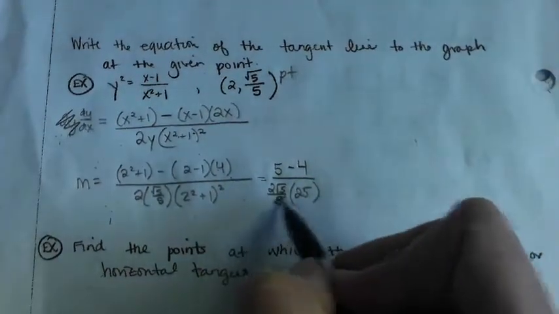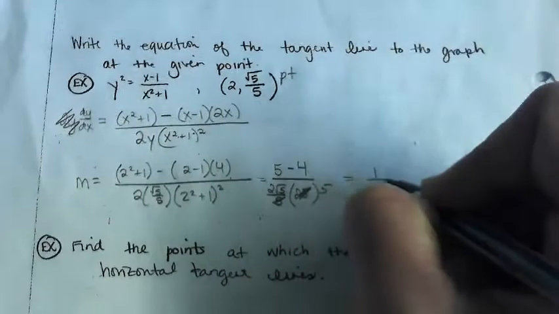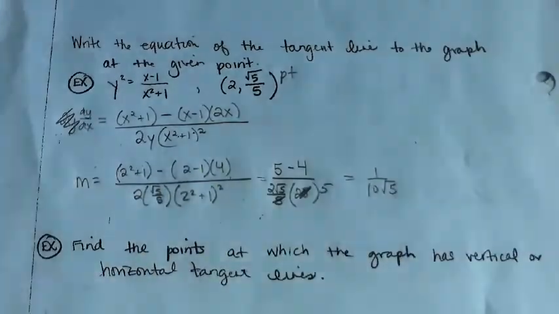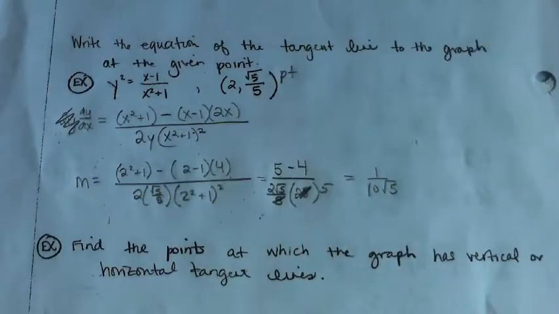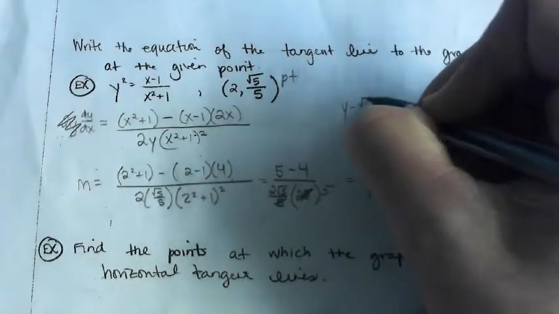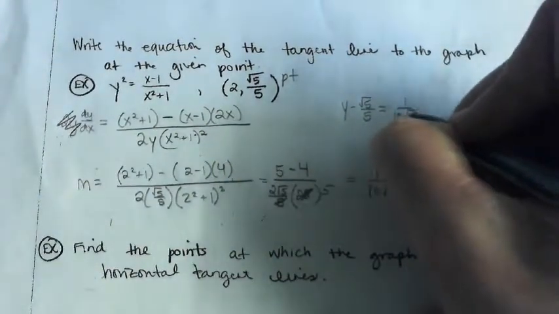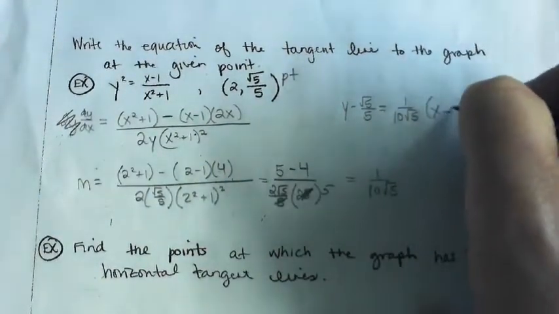So that 5 and 25 reduces, such as 1 over 10 root 5. And now we're ready to write. Y minus root 5 over 5 equals 1 over 10 root 5, times (x minus 2).